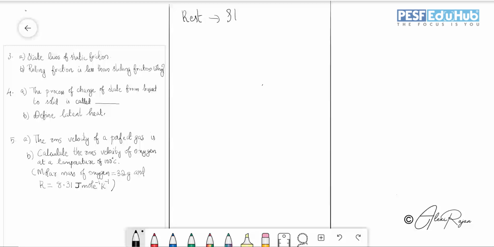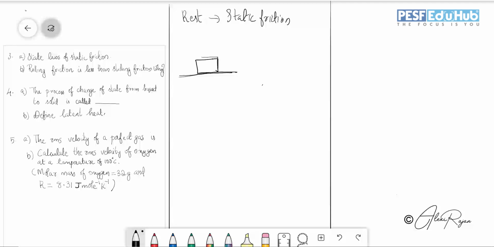When we study about static friction, we need to study about certain laws also. Mainly, just imagine that there is an object placed at a surface.